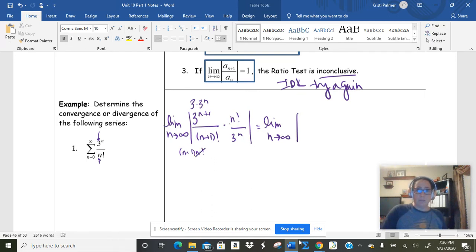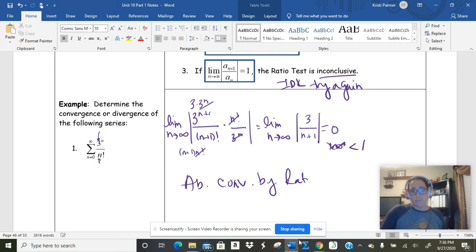So my n factorials cancel, my 3 to the n's cancel, and I just have 3 over n plus 1. So as I go to infinity, this limit goes to 0. That is less than 1, right? That's less than 1. So this one absolutely converges by the ratio test.